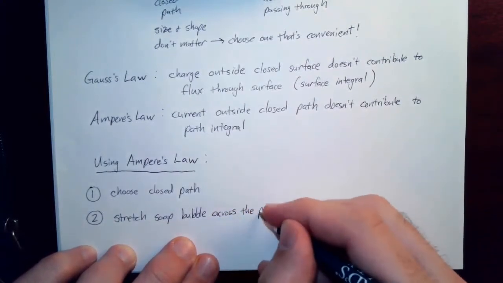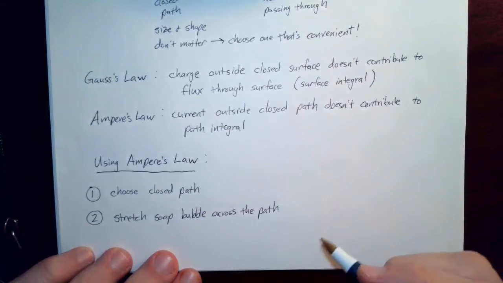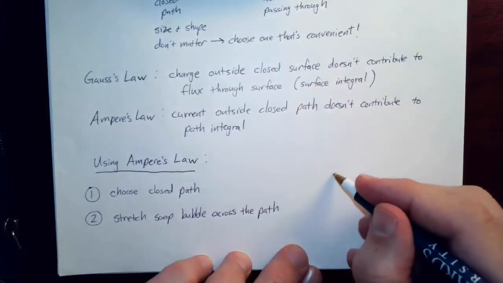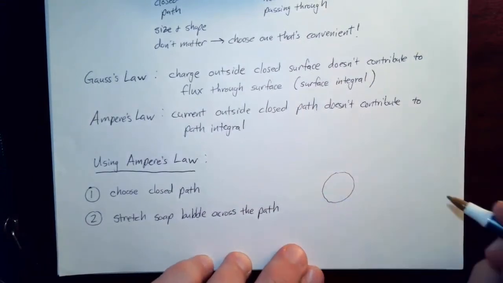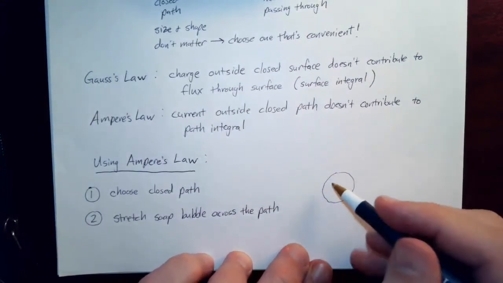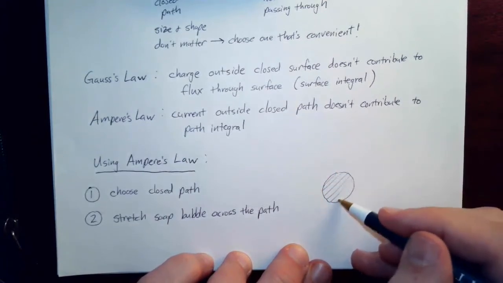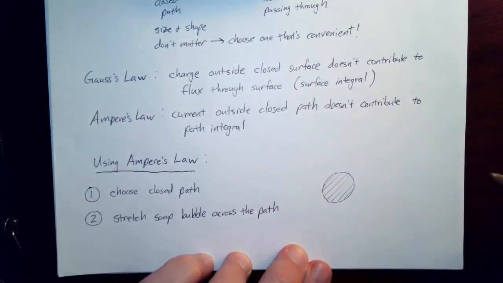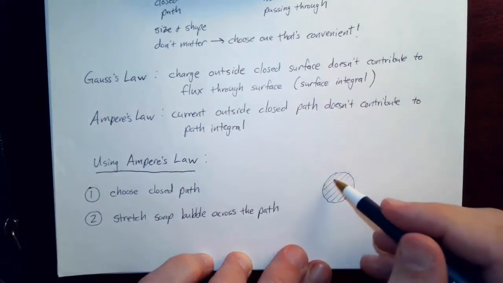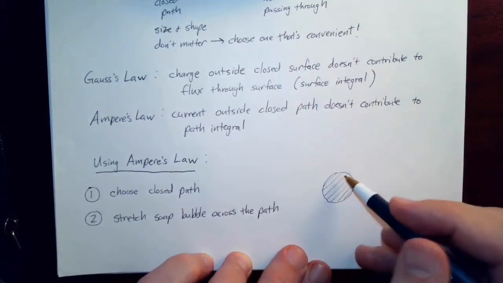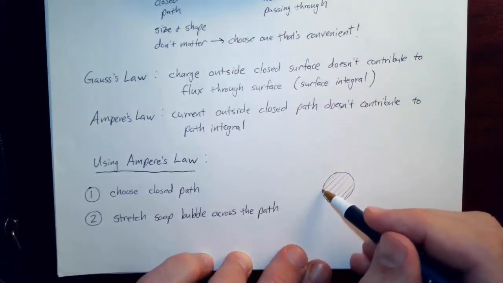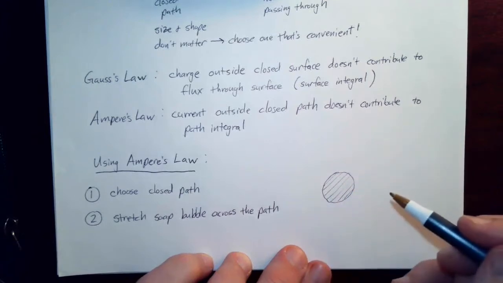So what this means is we're imagining that this path, say it's a circular loop, has a surface inside of it. Okay, so this is a surface where the path is the boundary of the surface.